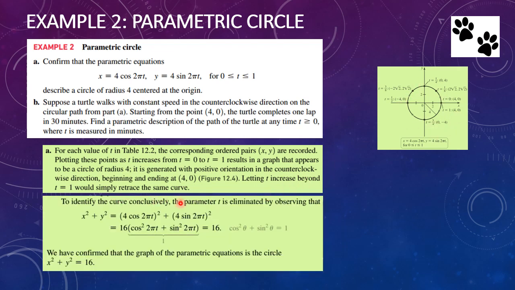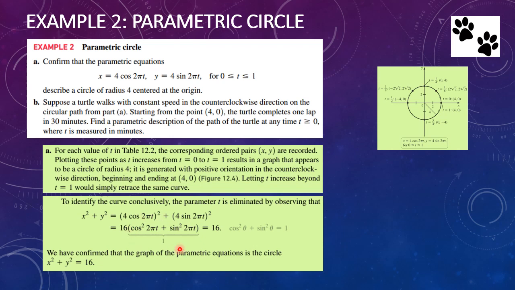To identify the curve conclusively, the parameter t is eliminated by observing that x squared plus y squared equals r squared, which is the standard definition of a circle centered at the origin. If we substitute in the parametric equation for x and the parametric equation for y, notice what we get: (4 cosine 2 pi t) squared plus (4 sine 2 pi t) squared, which gives us 16 times (cosine squared 2 pi t plus sine squared 2 pi t).